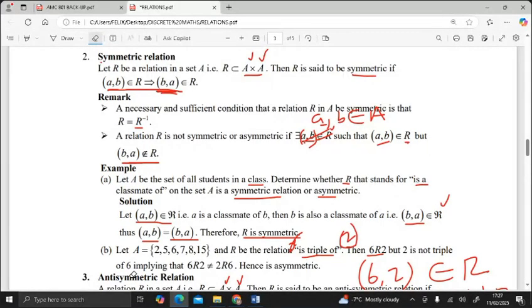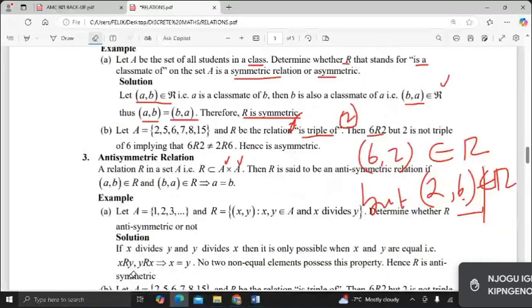Different from this, here we say that if A is related to B, then B is related to A. But in antisymmetric, we say that if A is related to B and B is related to A, then it is only possible if A is equal to B.